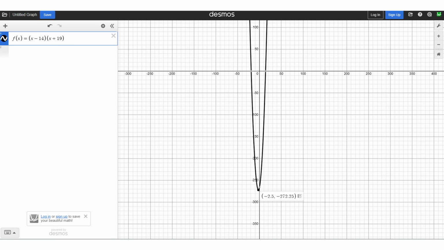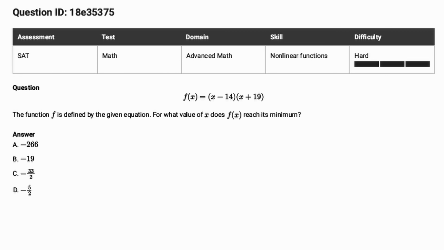This parabola is opening up and we can see that the x-coordinate is negative 2.5 and the y-coordinate is negative 272.25. The question is asking for the x value, and negative 2.5 as a fraction is negative 5 over 2, which is D. And so that's why D is our correct answer here.